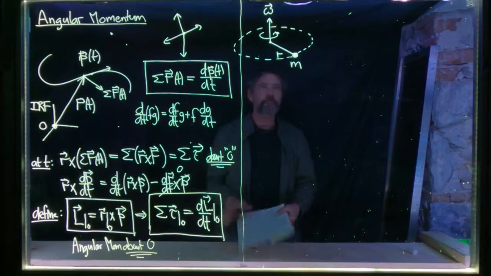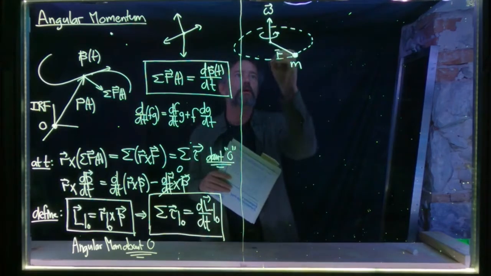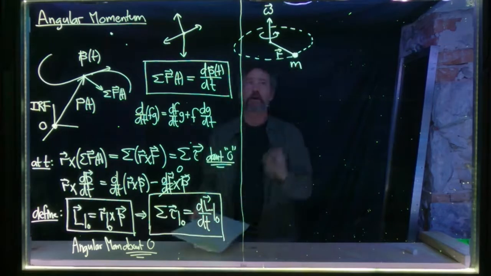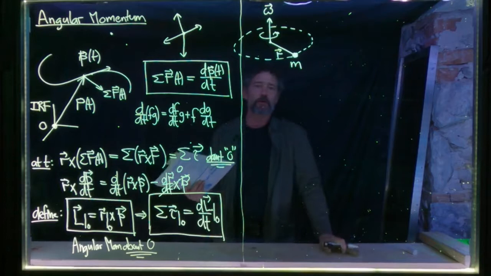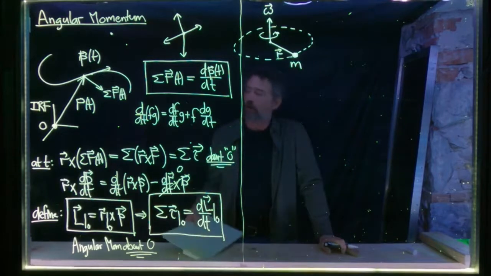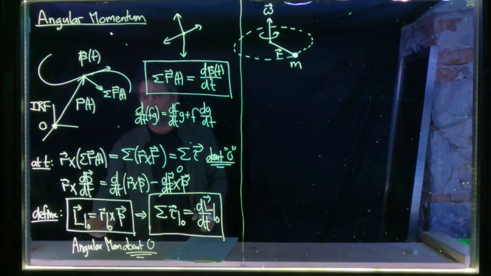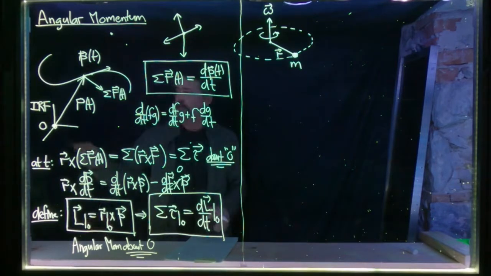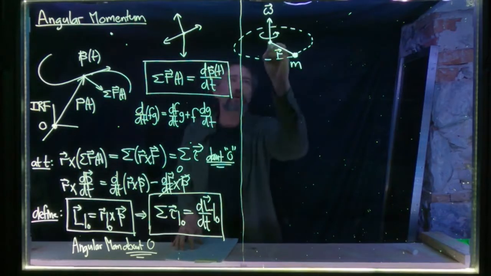And what else do we need? So r is the vector. Now in this situation, we're going to evaluate the angular momentum. What is the first thing we need to do? We need to pick the point about which we are evaluating the angular momentum. Well, the obvious choice in this case is right here.